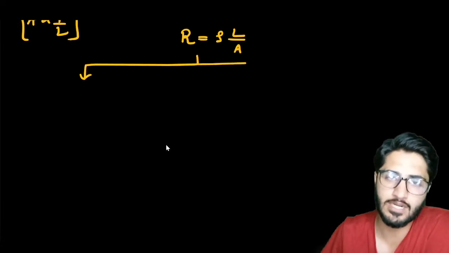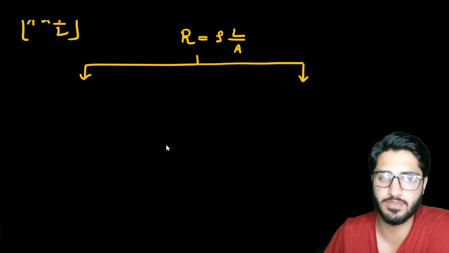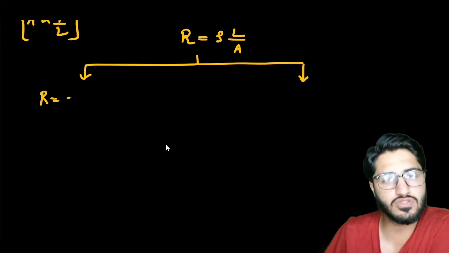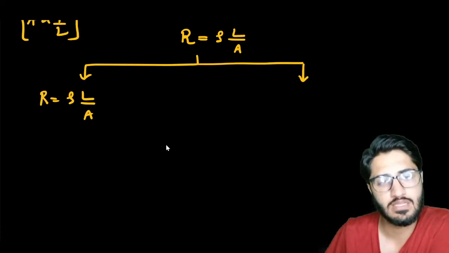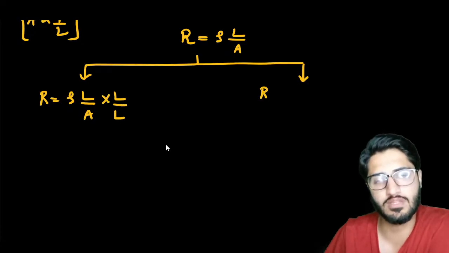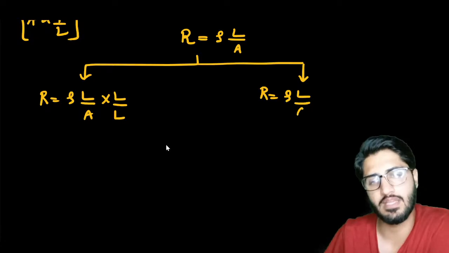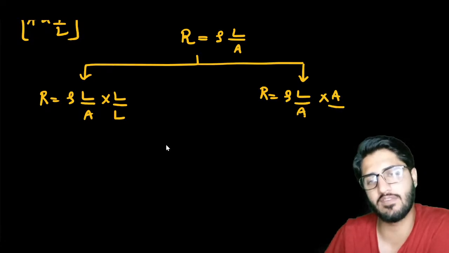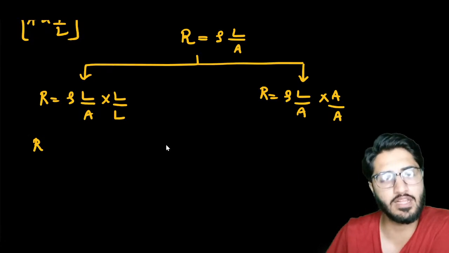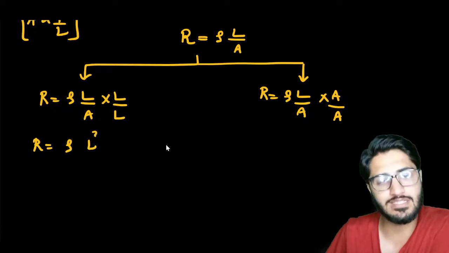Look now, for a shortcut purpose, R is equal to rho L by A. Just multiply it by L and divide it by L. One more thing, L by A. Multiply it with area, divide with area. R equals rho L square by AL.